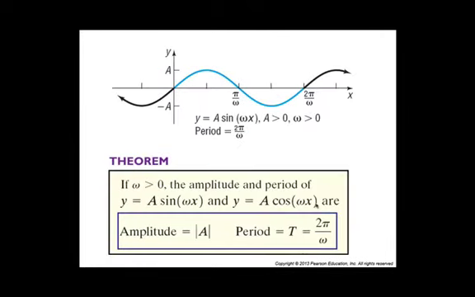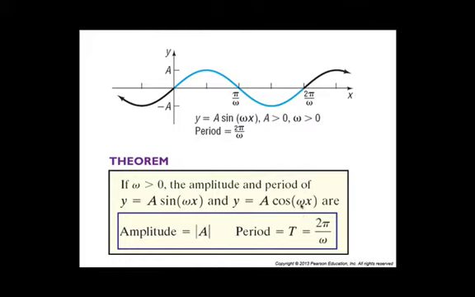From this problem, we've identified two theorems. Both sine and cosine have an amplitude that's placed in front and identified here by A. And then we have a period, and the period is identified by what's in the center between these brackets.